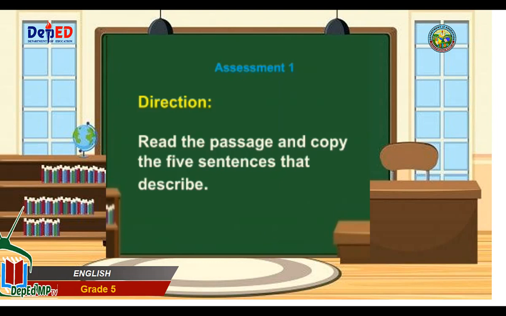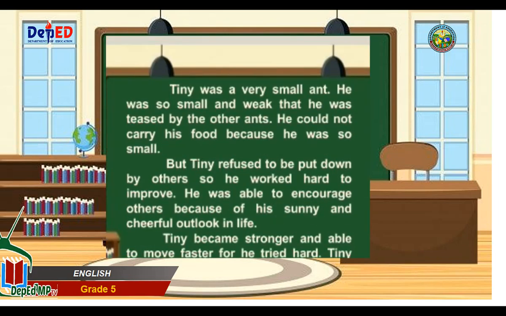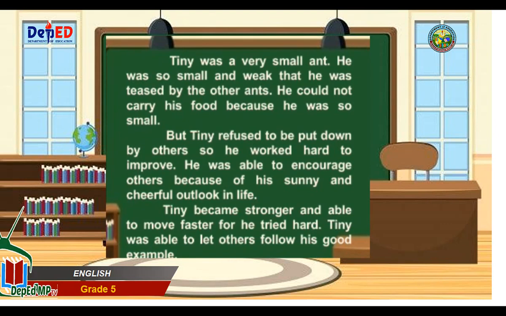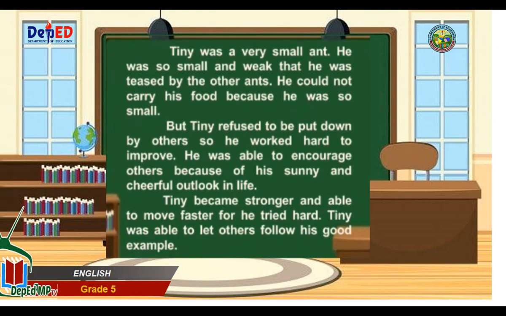Read the passage and copy the 5 sentences that describe. This is the passage that you're going to read. Tiny was a very small ant. He was so small and weak that he was teased by the other ants. He could not carry his food because he was so small.